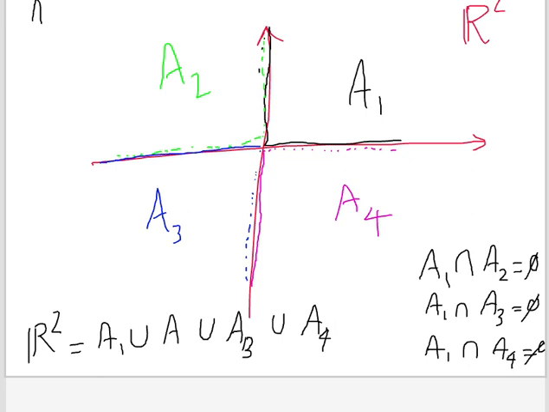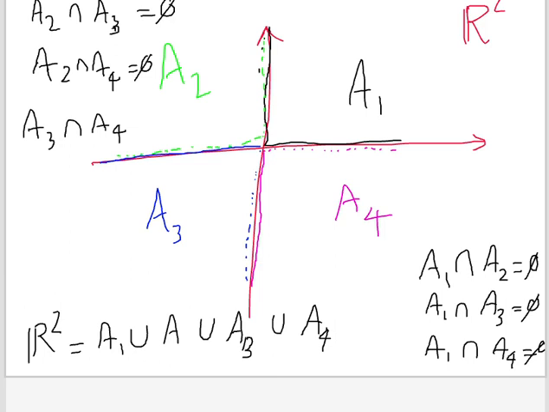R2 intersection with R4 is empty. R3 intersection with R4 is empty. Okay. Then R can be parted by four partitions. Okay.